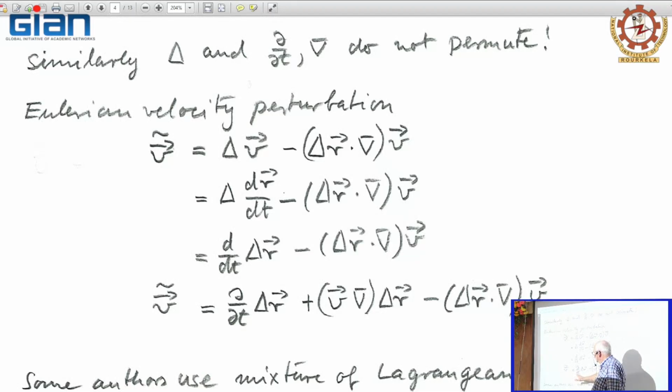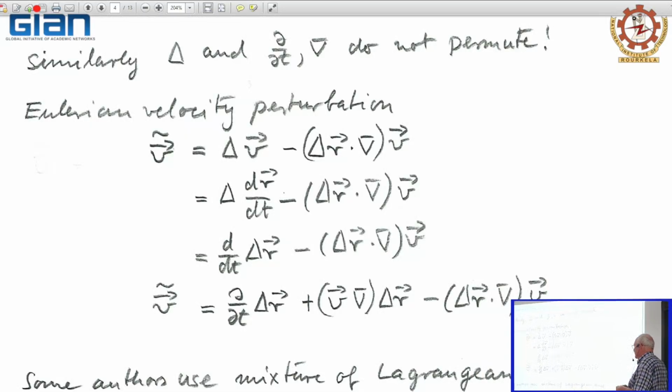The Eulerian velocity perturbation is d by dt in the Eulerian sense of the Lagrangian displacement plus velocity times nabla acting on the Lagrangian displacement delta r minus delta r times the nabla operator acting on the velocity field v. So this is a famous or often used relation between Eulerian velocity perturbations and Lagrangian displacement.